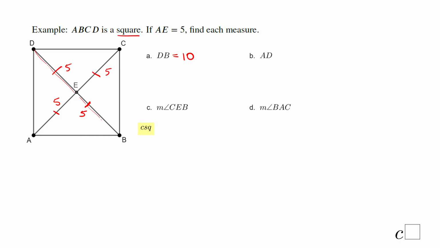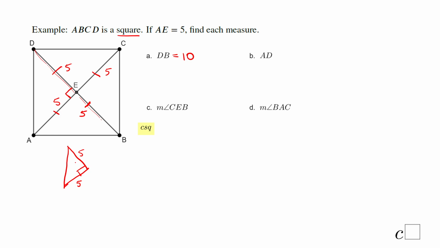So let's go to part B, where you need to find AD, and for that reason you can take, for example, this triangle where I mark the right angle, and these two legs are 5, and there are two ways to do it.